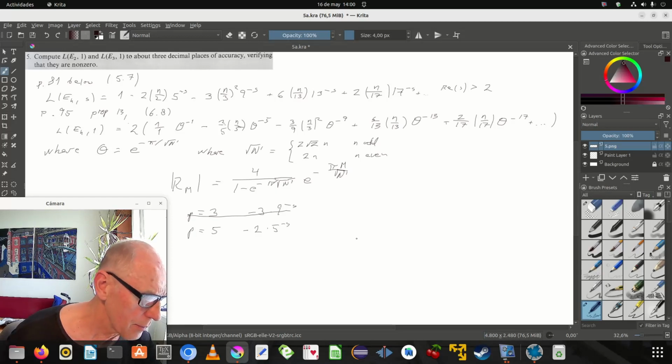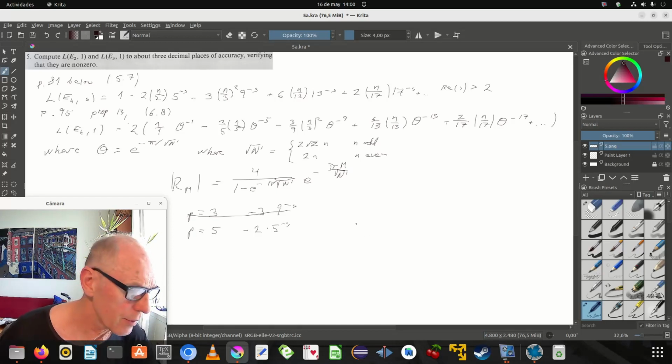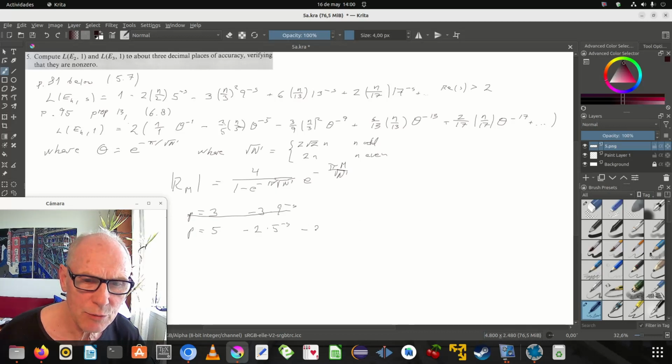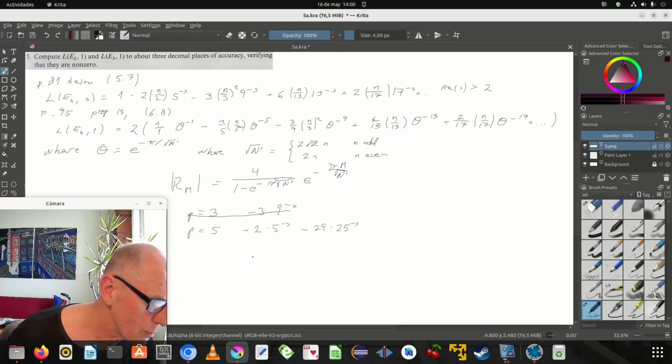And then, 25. It's -25, and then the double product, that's -4. So I believe it's -29, 25 to minus s. We need to check this with the recursion formula.